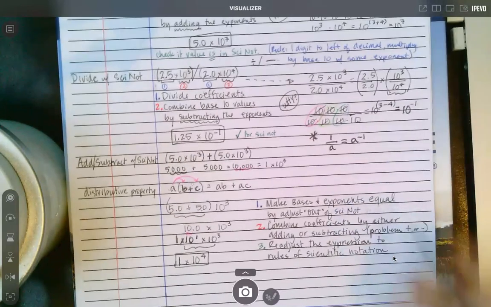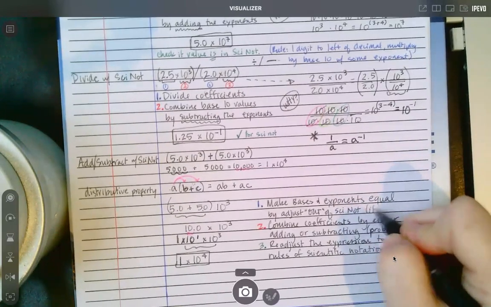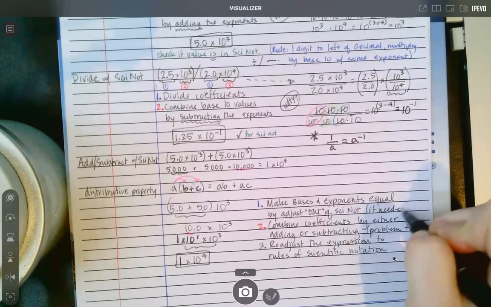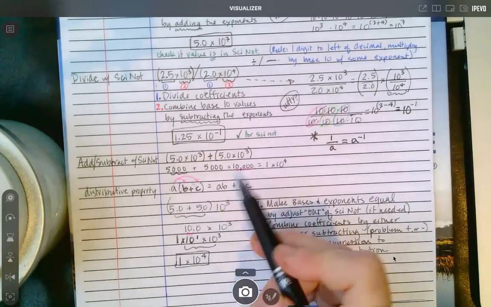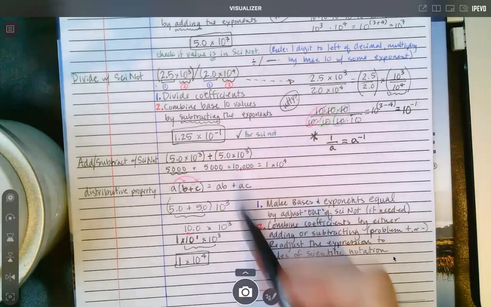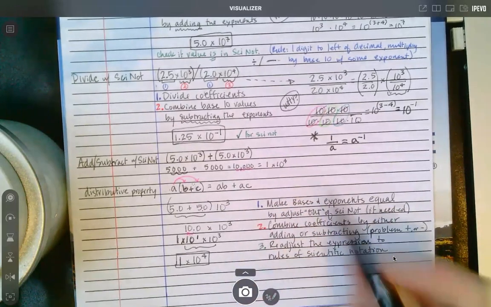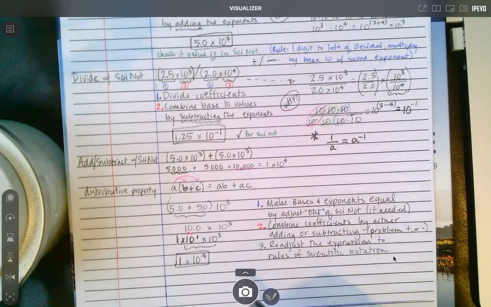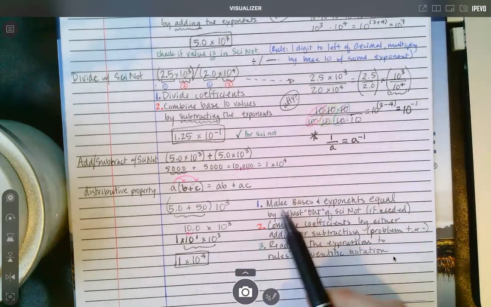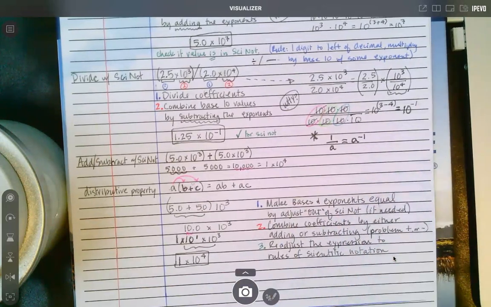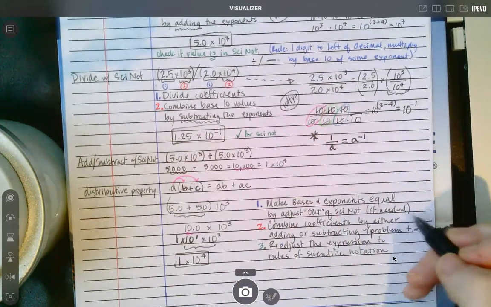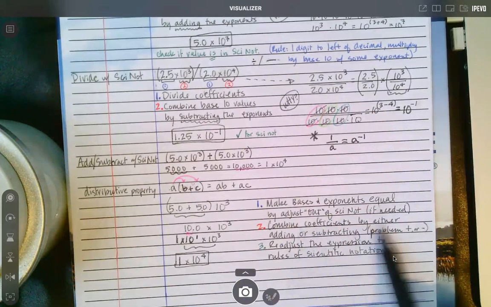If those exponents are not equal, then we have to make them equal. And we can't just move exponents around. We would have to adjust the whole problem here. So we'll pick a better example moving forward, but we make the bases and exponents equal by adjusting out of scientific notation if needed. Then we combine our coefficients by either adding or subtracting.